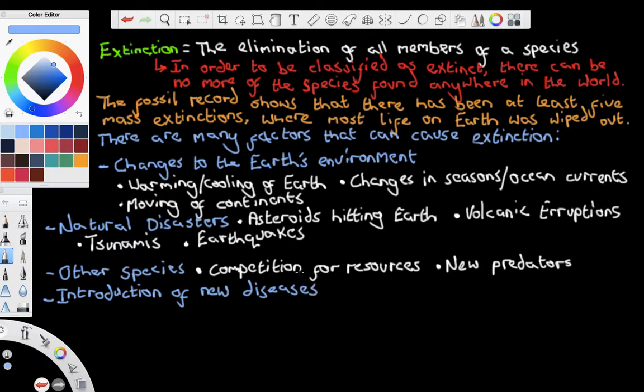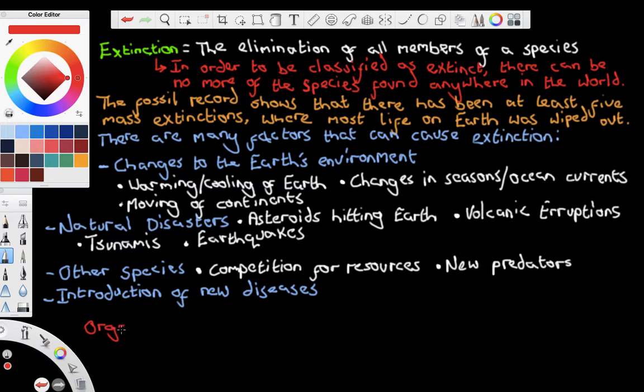Okay, diseases, that's pretty self-explanatory, can send organisms extinct. Now, ultimately, organisms will go extinct if they can't get the resources they need to survive. And I'm going to put that in red because it's important.